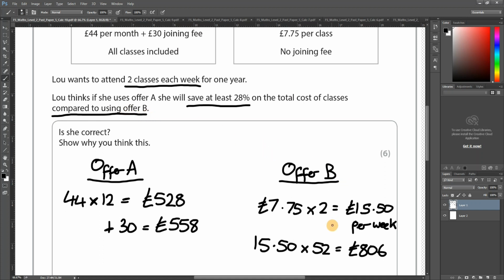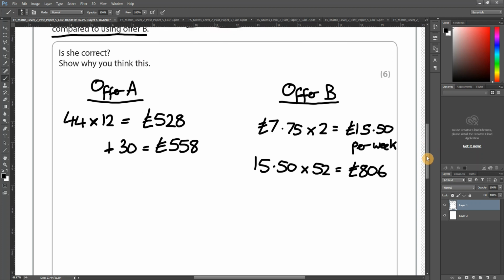You could work out 28% of offer B and compare it with the saving. Well, the saving is, in fact, let's do the saving first. The saving is the difference between offer B and offer A. So you'll have to do 806 take away 558. Let's do that first.